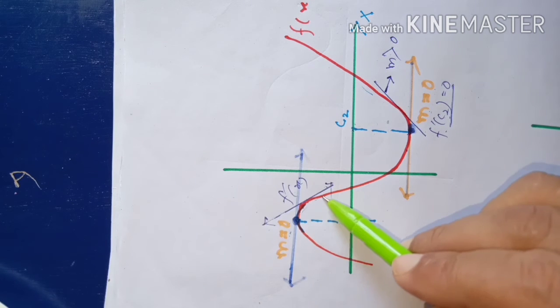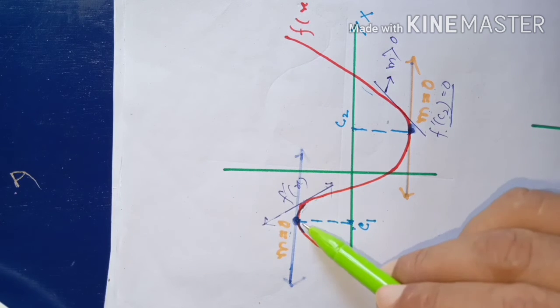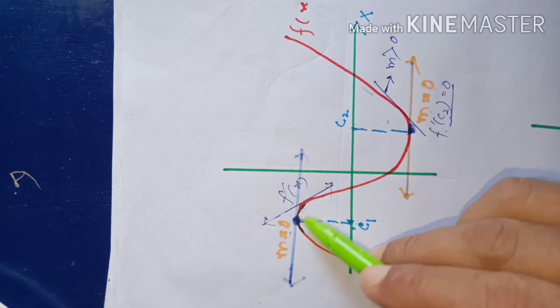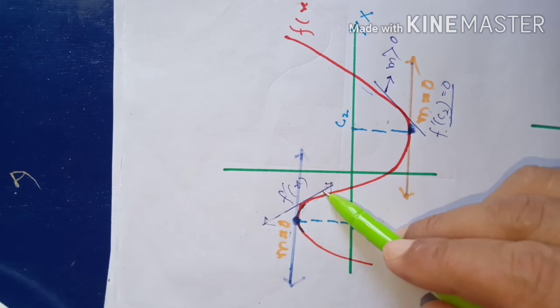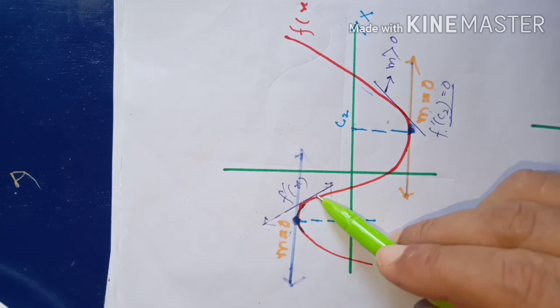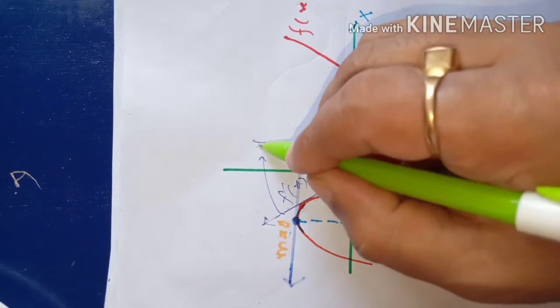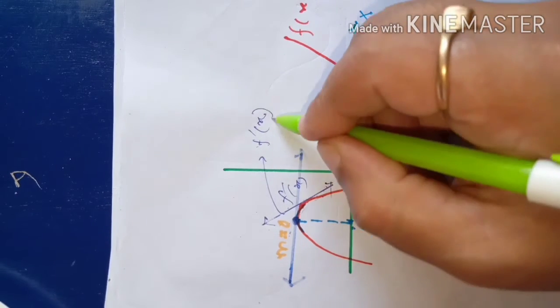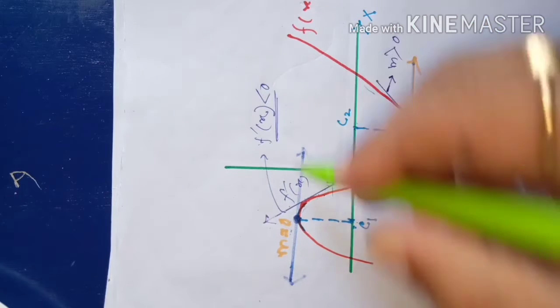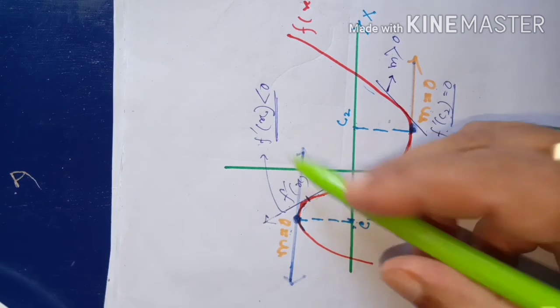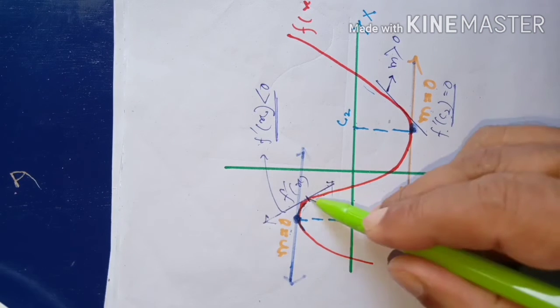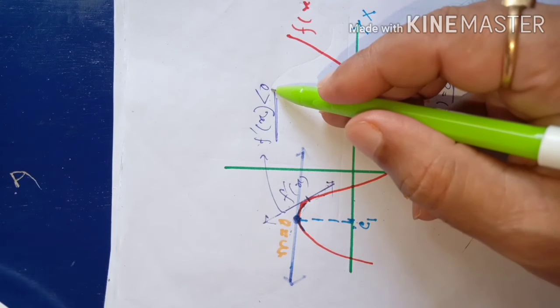If the slope of the function decreases, it means it is less than 0. Here at this point it will be less than 0. Suppose this point is C3, then f dash C3 will be less than 0.